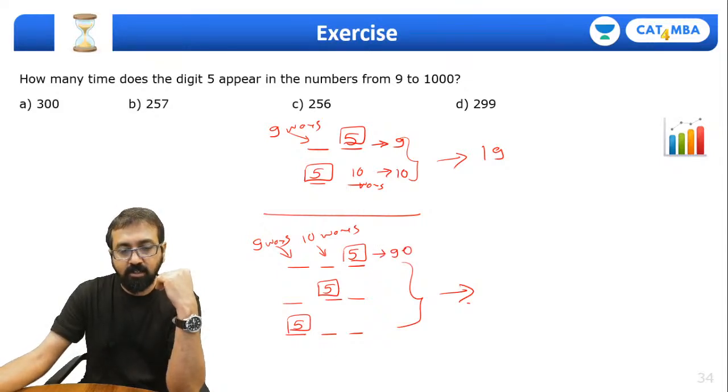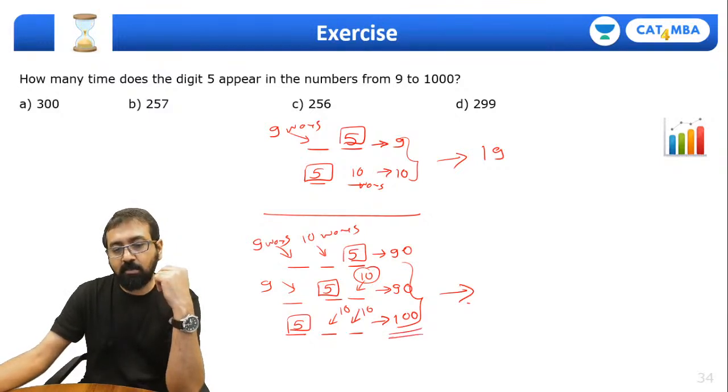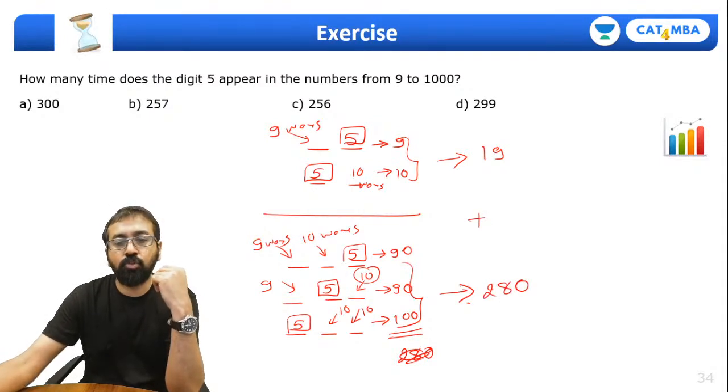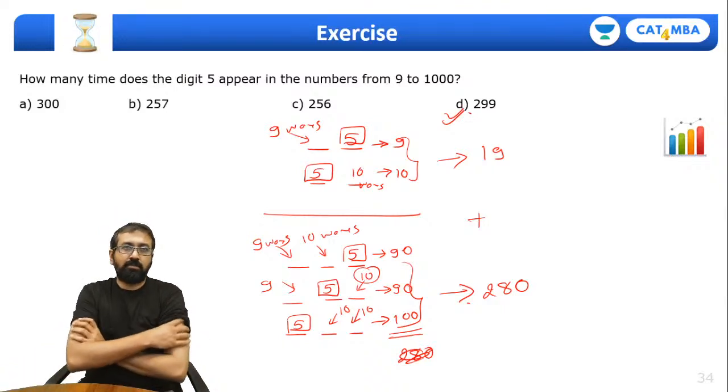Same way, 10 ways and 9 ways, so again 90 such numbers. And this will be 10 ways and 10 ways, so 100 such numbers, right? So this came out to be 280. This will come out to be 280 plus this 19, so 299. This is your answer.